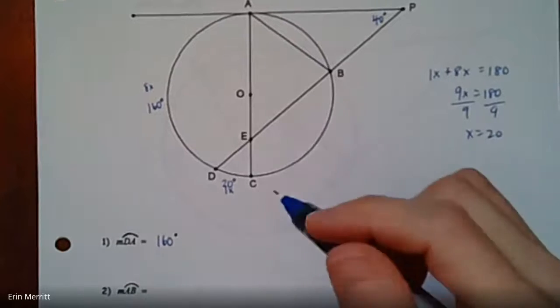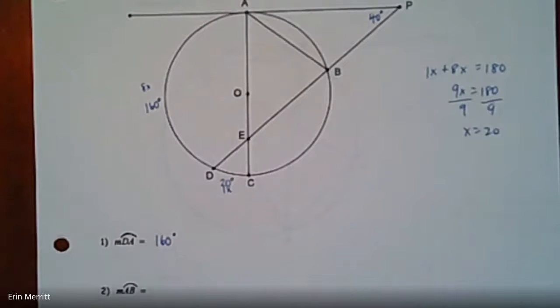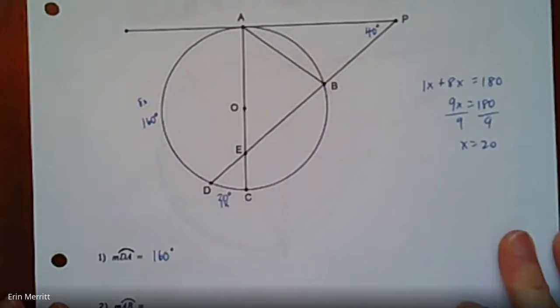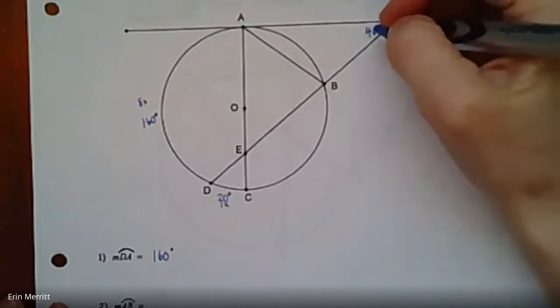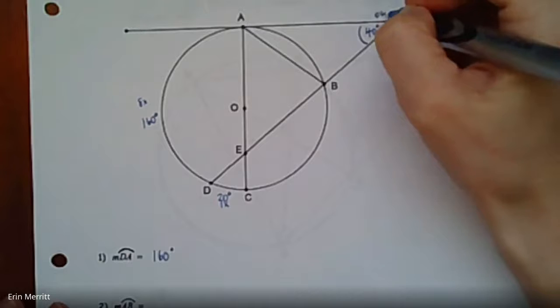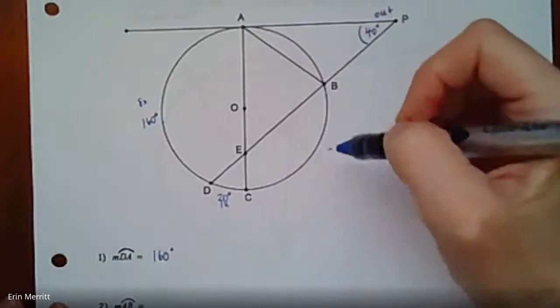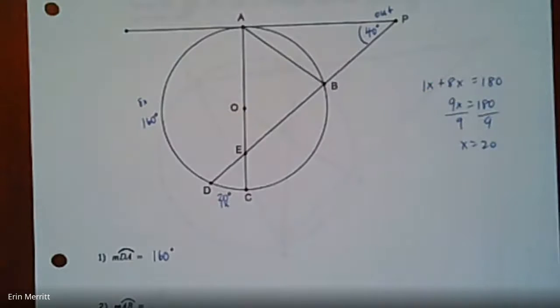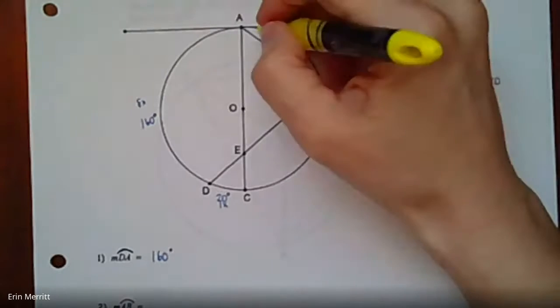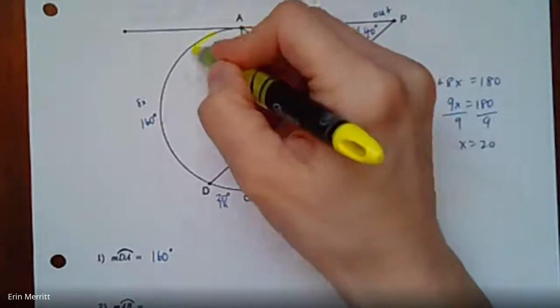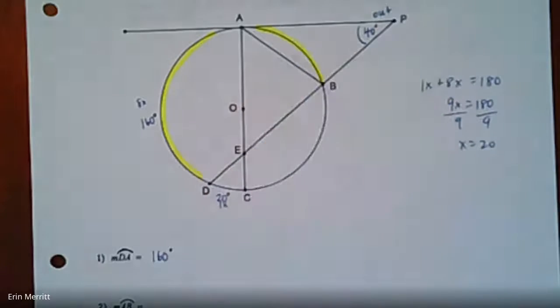All right, for arc AB, these are sometimes asked in a very particular order so that you can use what you just did to get there. So what I mean by that, let's see, we know that this out angle is 40, and it opens up to 2 arcs here. I'm going to highlight the 2 arcs it opens to: arc AB, and then arc AD.